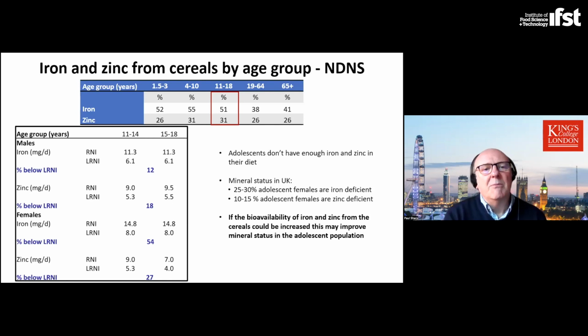And you can see for males, for iron, there's about 12% whose intakes are below the lower reference nutrient intake. And for zinc, about 18% of the male adolescent population in the UK have zinc intakes below the lower reference nutrient intake.